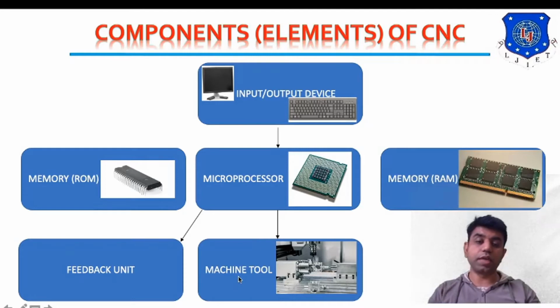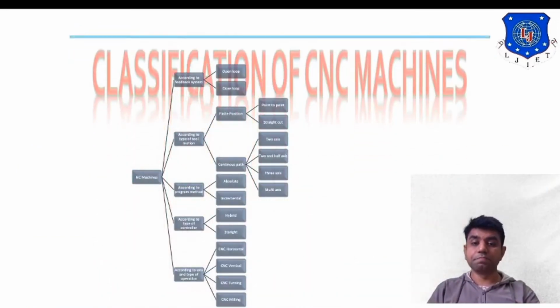This machine tool can be any machine tool. It can be a lathe machine, milling, drilling, or any welding machine. Any machine can be operated with the help of computer numerical control, right? But the additional things we require are a microprocessor, RAM, ROM, input output device, and a feedback unit. All together these constitute the CNC machine.